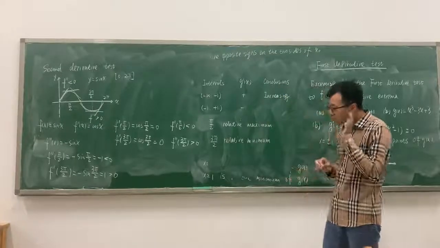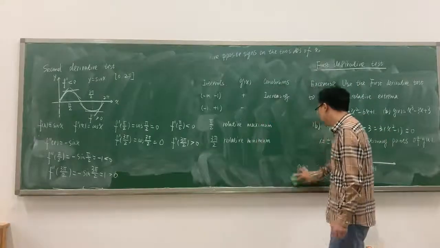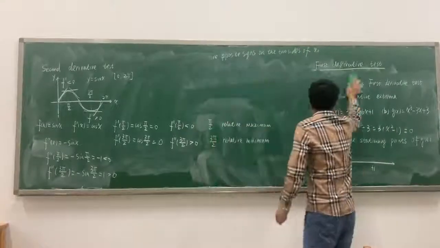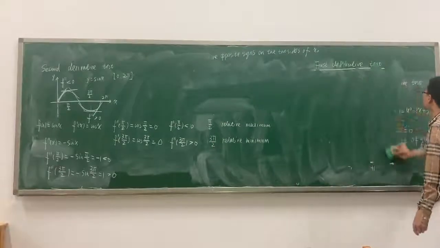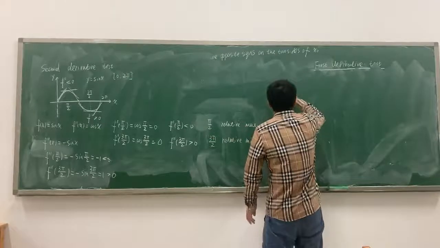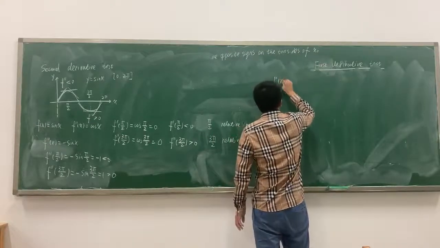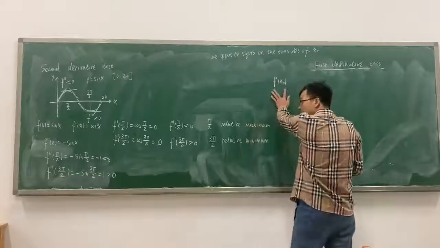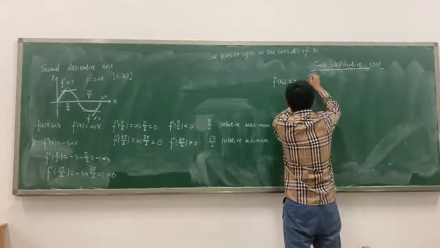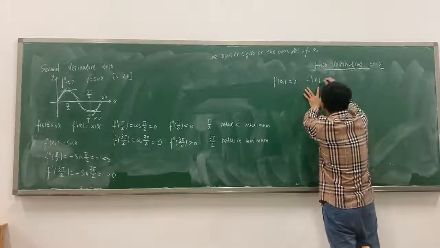So here, now we can prove it. We give an easy proof for this conclusion. The condition is: for some x0, f prime of x0 equals 0, and f double prime of x0 is less than 0.